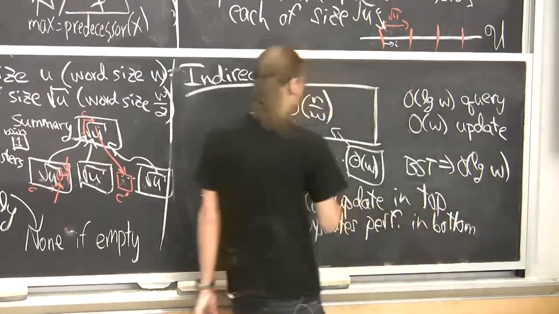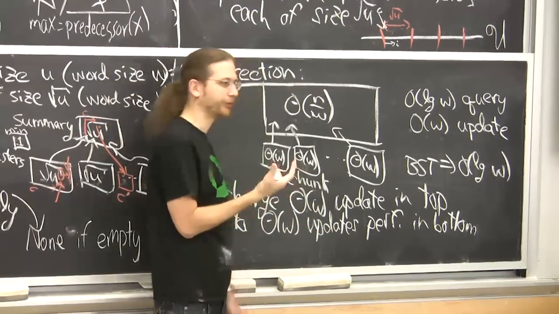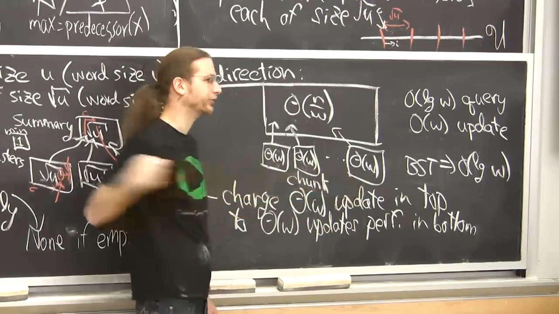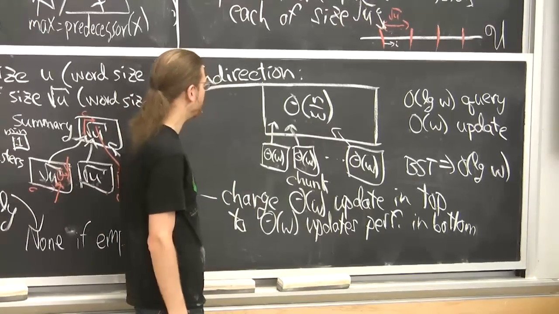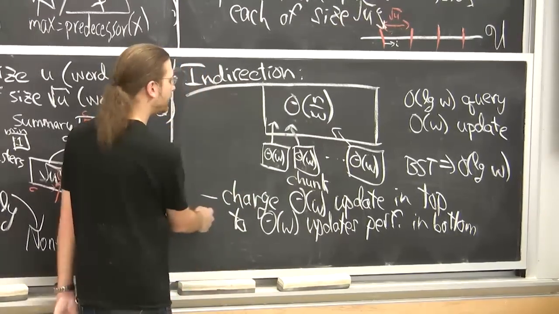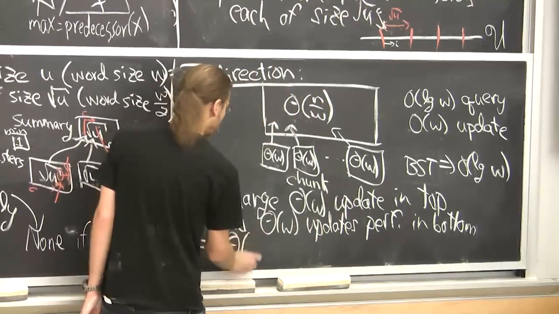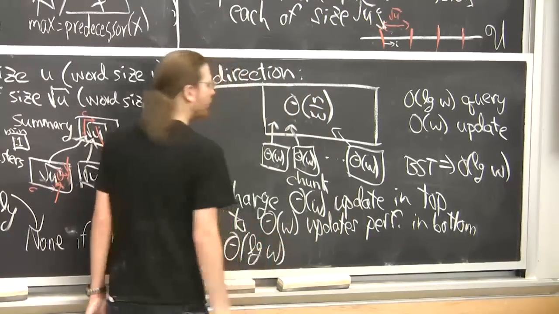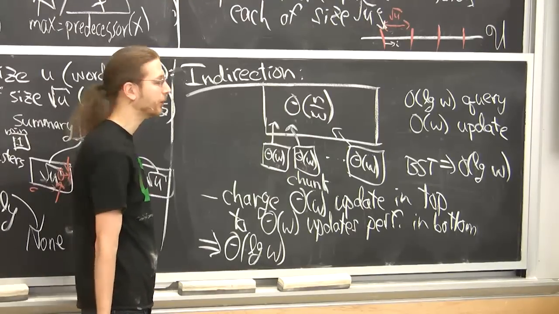Because when somebody gets split, it's nice in its average state, or when it gets merged, it's going to be close to its average state. You have to do a lot of insertions or deletions to get it out of whack and cause a split or a merge. So, boom. This means the updates become log w. Searches are also log w. So we've got van Emde Boas again in a new way.